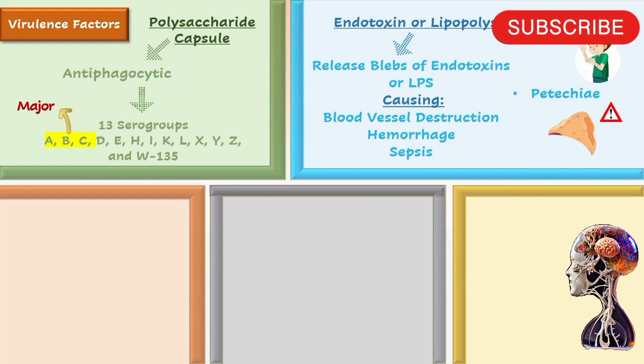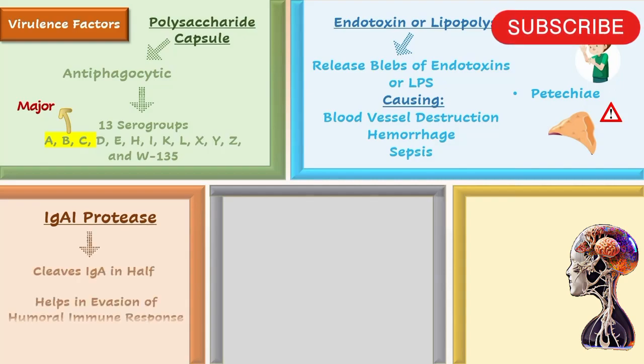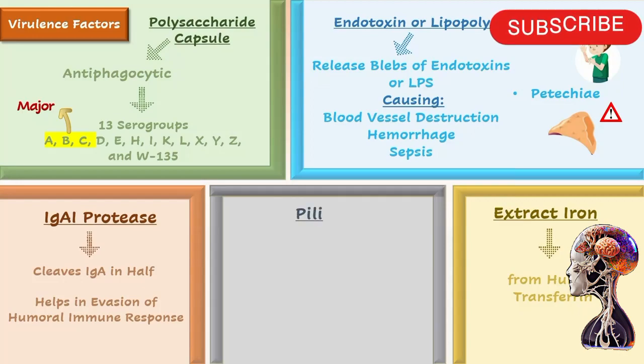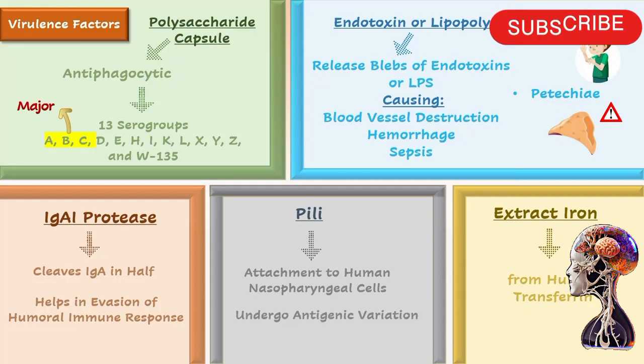Then we have IgA1 protease that cleaves IgA antibody in half and helps in evasion of the humoral immune response. Also, Neisseria meningitidis can extract iron from human transferrin via a non-energy requiring mechanism. And pili of Neisseria meningitidis allow attachment to human nasopharyngeal cells and undergo antigenic variation to avoid attack by the immune system.